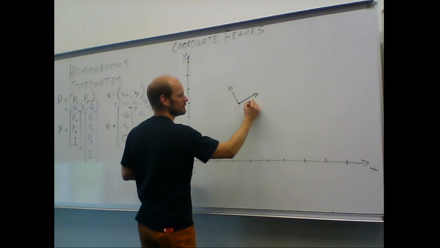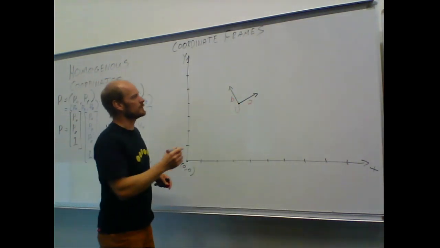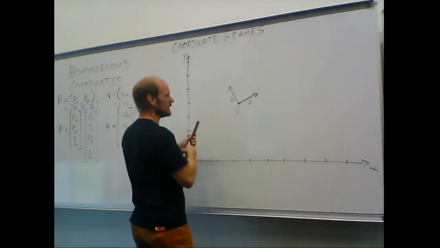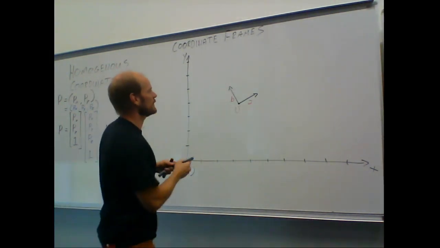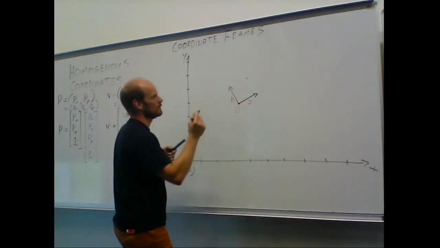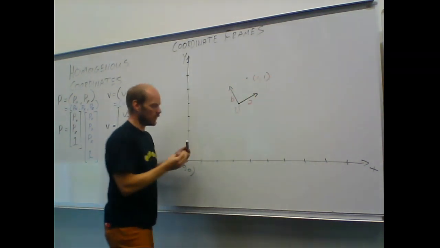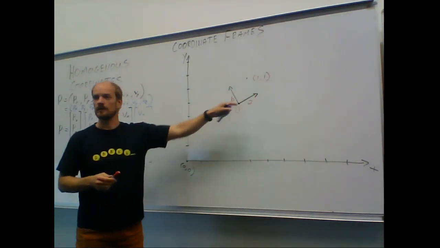I hope it shows properly. So I have the vector A, I have the vector B, and this particular point here, which doesn't really matter in which color the point is, but the coordinates for this point are 1, 1 in this coordinate frame, right?